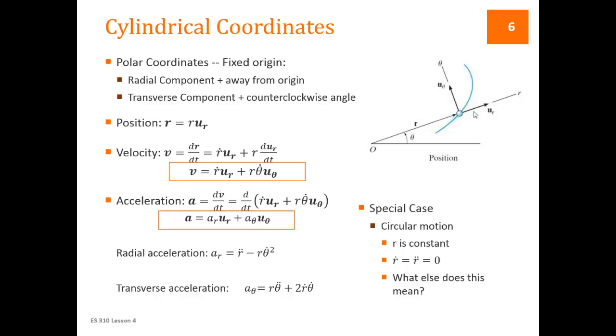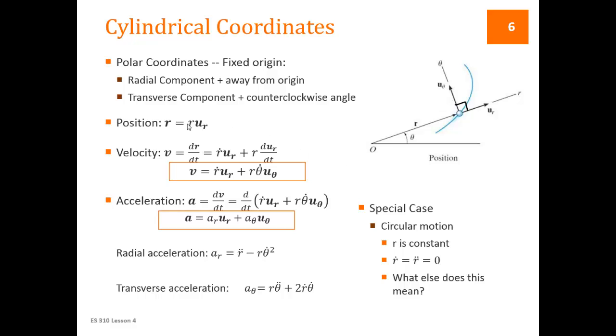And we've got a transverse component, which corresponds to a counterclockwise angle. It's perpendicular again, right? Our coordinate systems are always perpendicular. As the angle increases counterclockwise, that would be the direction of the unit vector in the transverse.